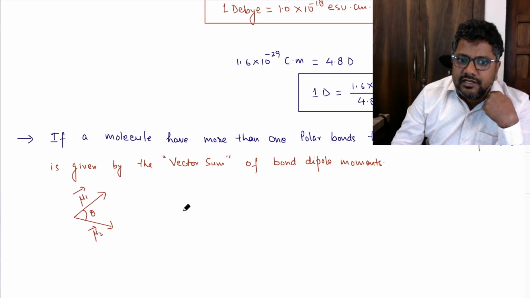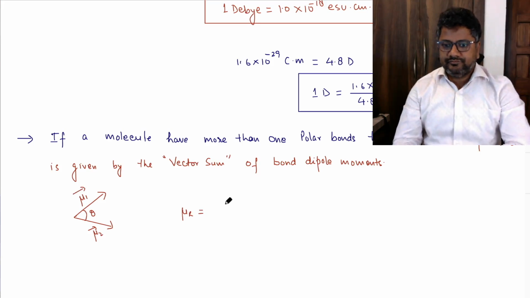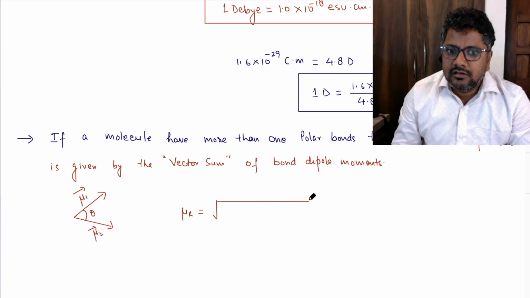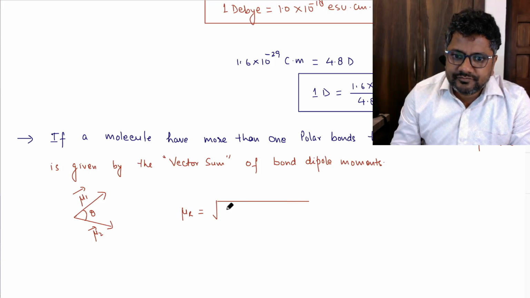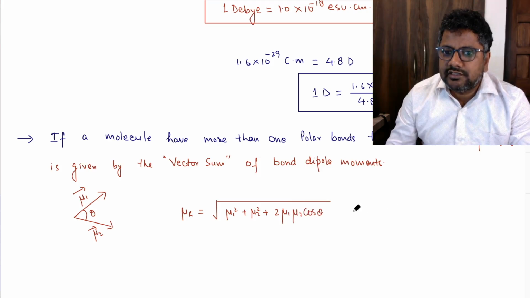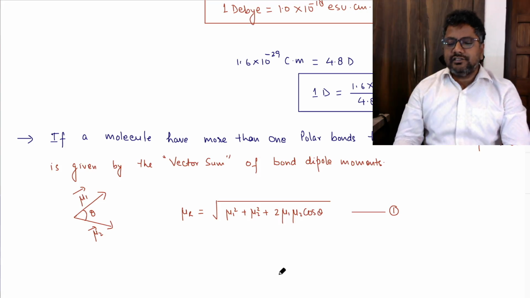The resultant is given by mu r is equal to under root mu1 square plus mu2 square plus 2 mu1 mu2 cos theta, right? Using this equation, you can calculate the resultant dipole moment.